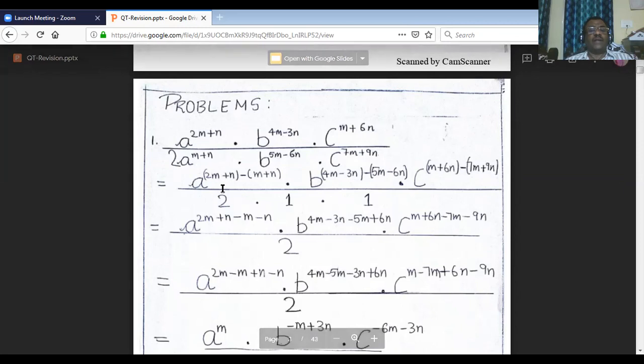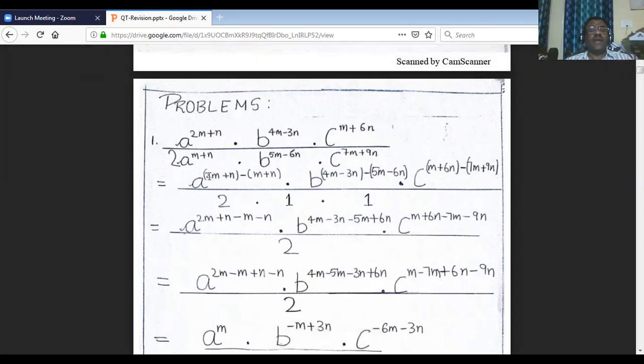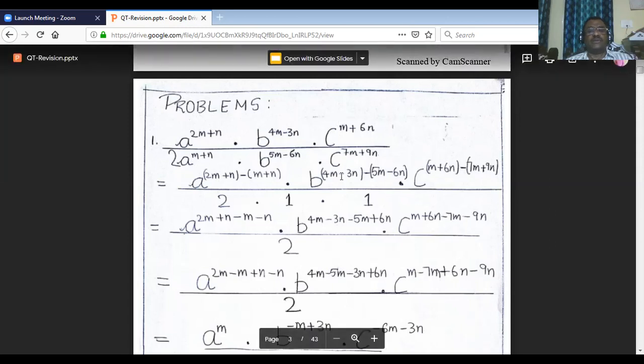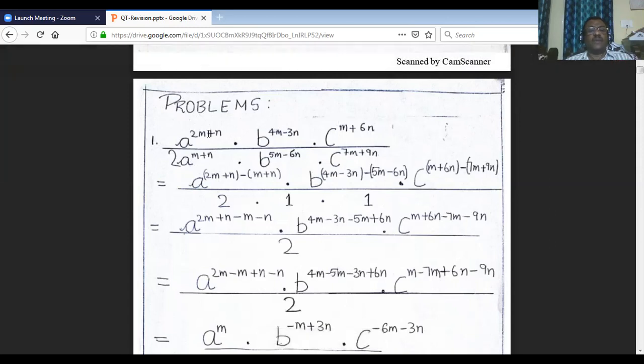What I do is take common bases together. Now a to the power of 2m plus n, and here a to the power of m plus n. This is in the form of a power m divided by a power n. This is a to the power of 2m plus n minus of m plus n.